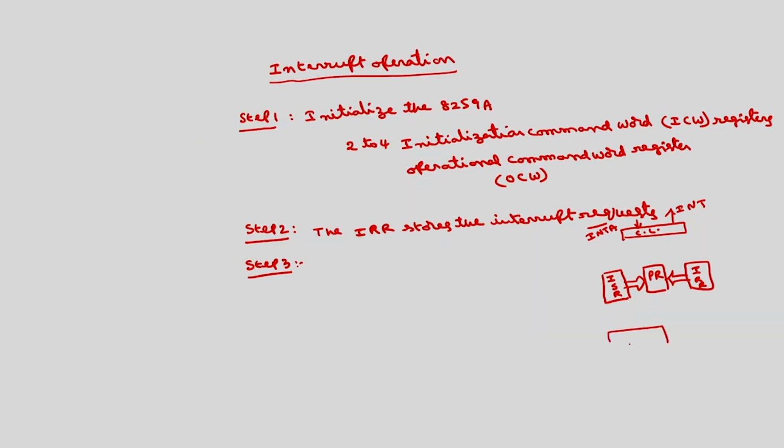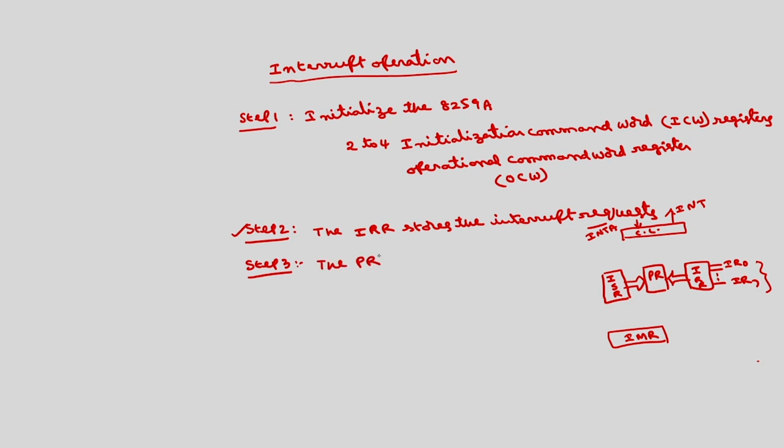Here you have the interrupt mask register IMR. This will take the 8 IRs. So, in the second step, this IRR stores the requests of all the interrupts. Then the next step is the priority resolver.